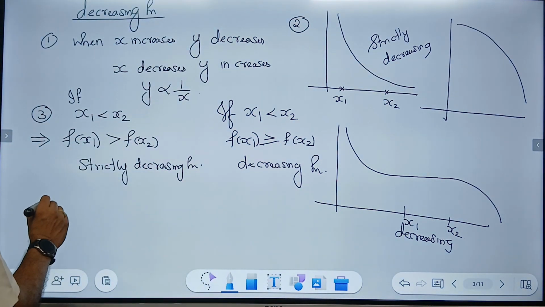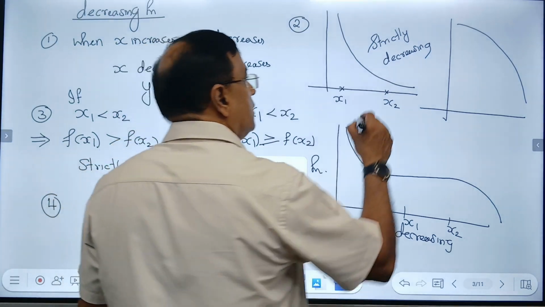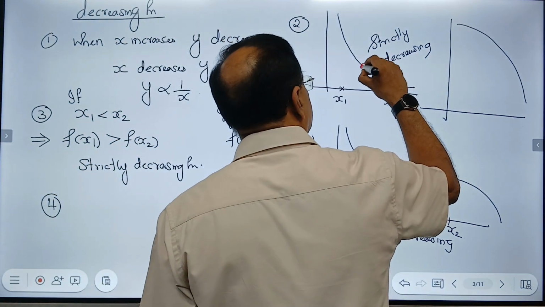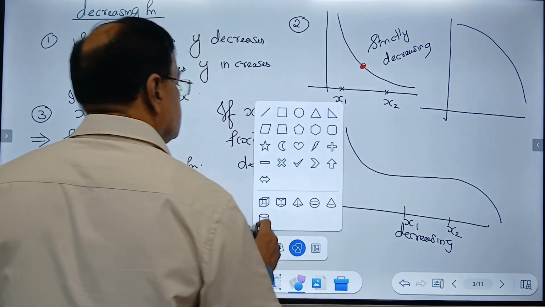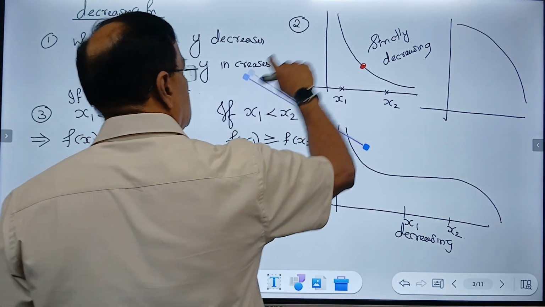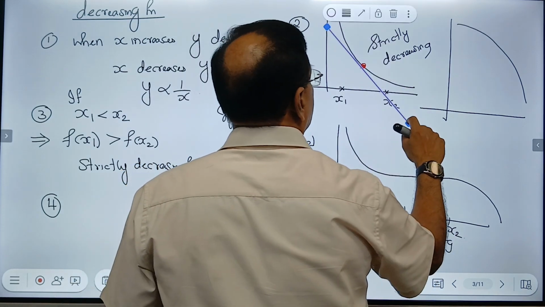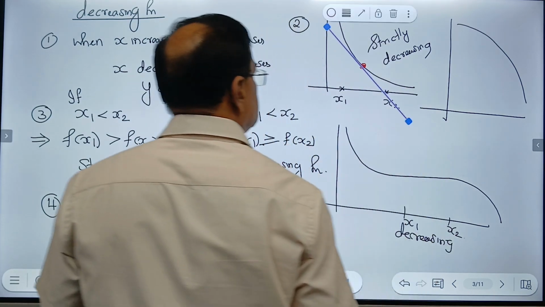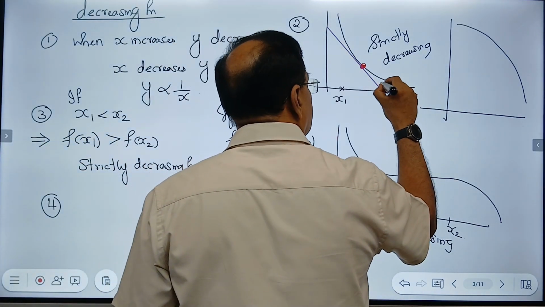Now what's the last way? The last way I want to talk about is using the tangent. So let us choose a point on the curve and let me draw a tangent. So this is the tangent. What angle does this tangent make? This tangent makes an obtuse angle.